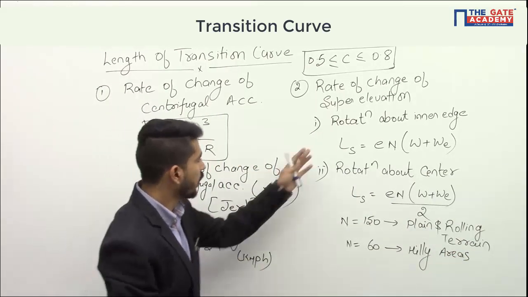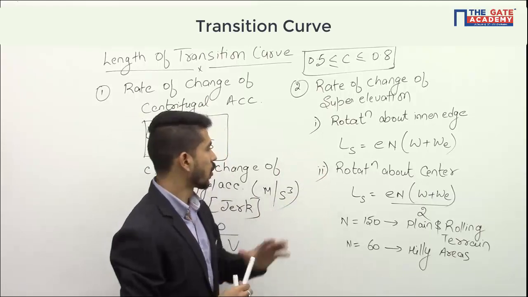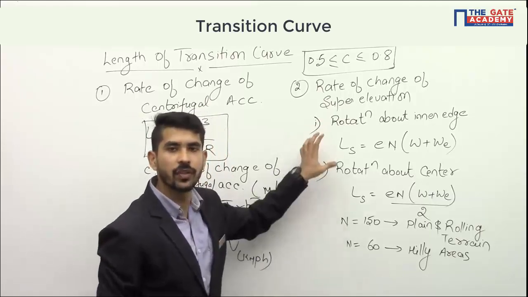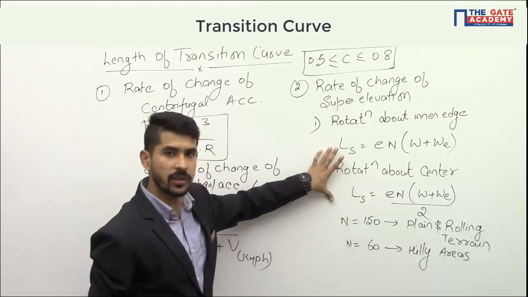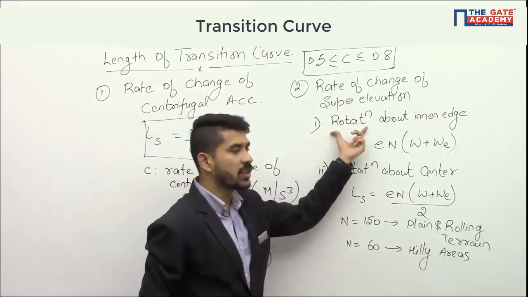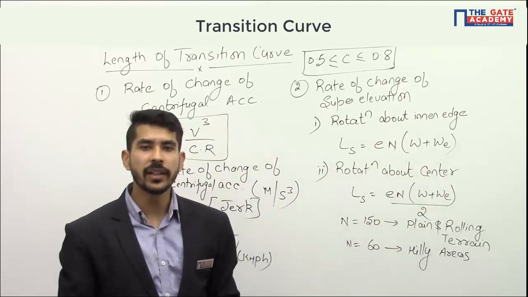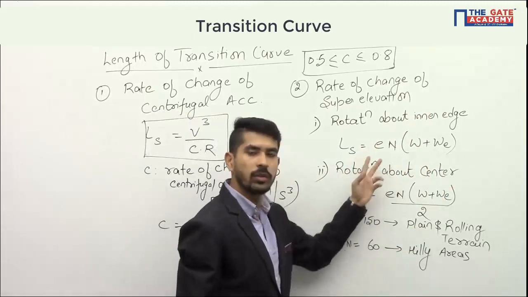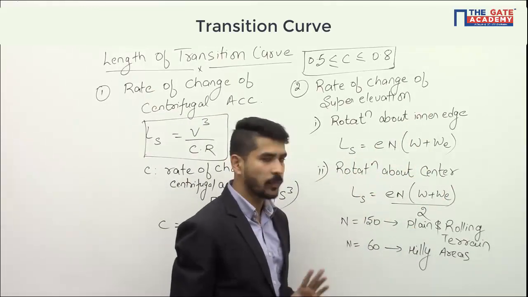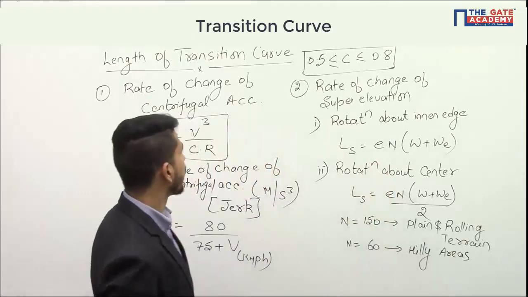So whatever is the condition given to us in the question, according to that we will apply any one of these formulas. We don't have to apply both these formulas. He will say in the question, consider the rotation about inner edge or consider the rotation about the center. So according to that we have to take either one formula. So this is the second condition.